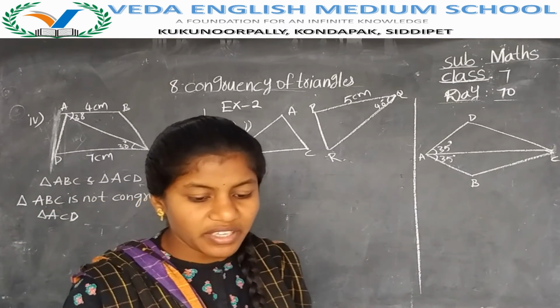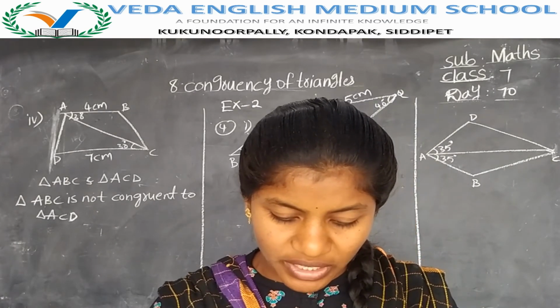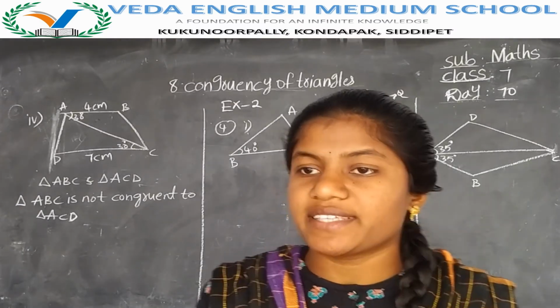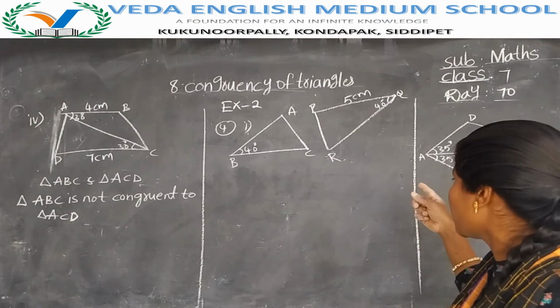Then the fourth bit: which corresponding sides do you need to know to prove that the triangles are congruent using SAS criterion? Now, which information do you need additionally?